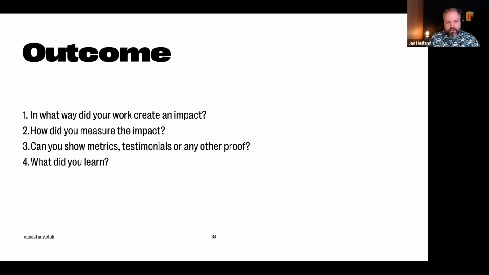You could use quotes from your user research, for example, and there are all sorts of tricks, I would say, that you could use to highlight your outcome. Okay, so it's important that we have this, and you should also state that at the top within the executive summary, as I said.